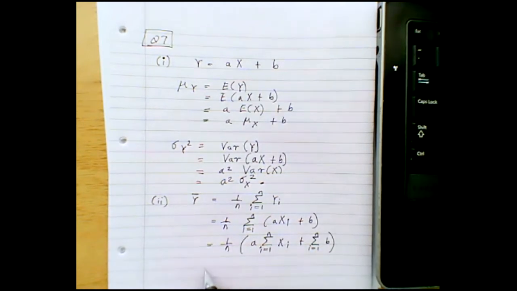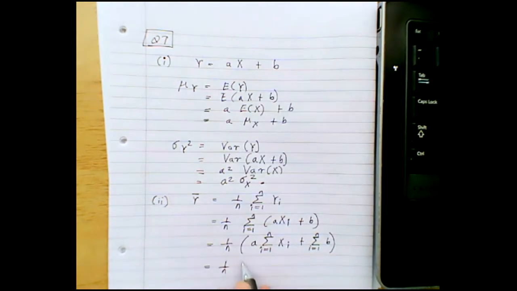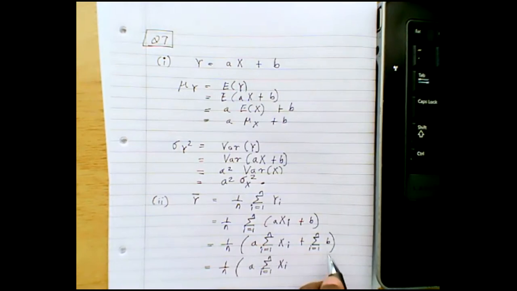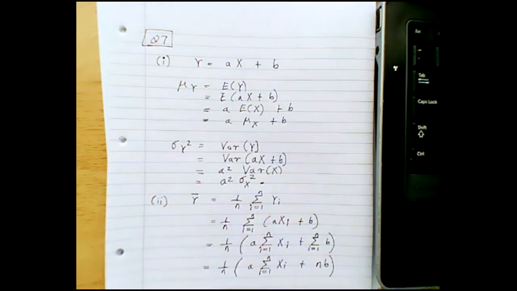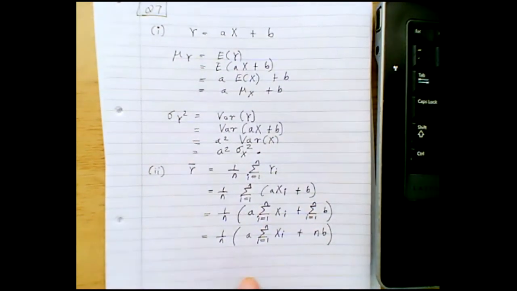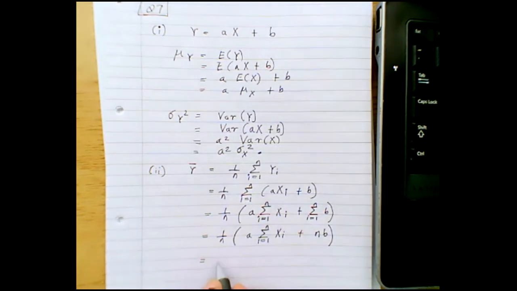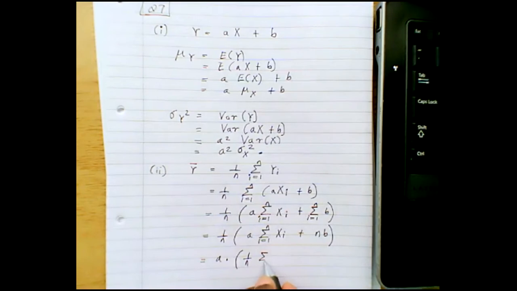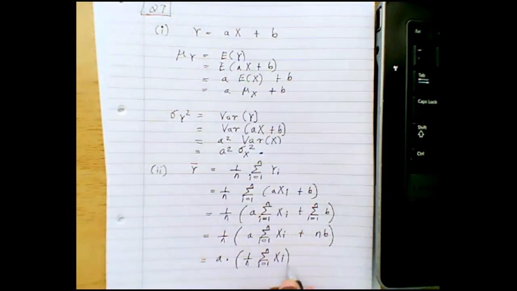Now this is going to be 1 over n times a times the sum of xi. Now the sum of b, because b is a constant, guys, is simply n times b, right? Now if you divide by n, this is what you get.